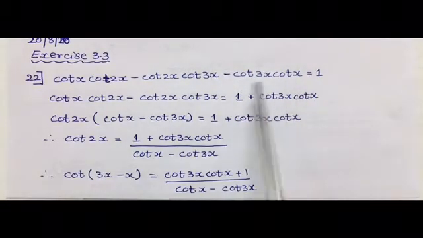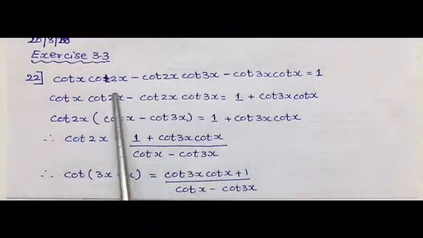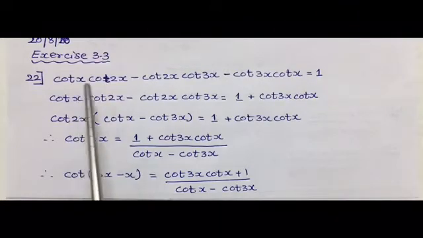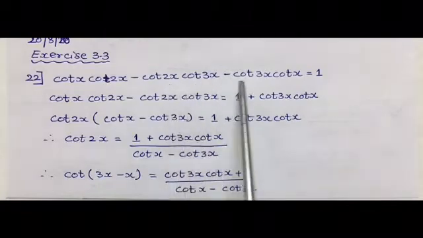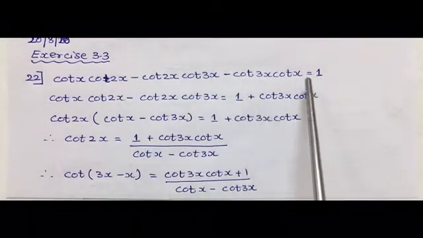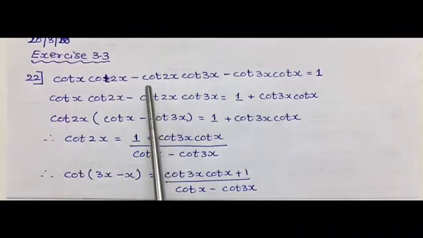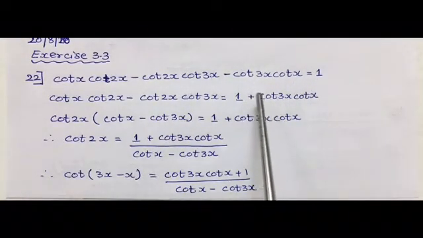Now if you look at each of these combinations, you will find that almost all the angles are being combined with each other alternately. Now we will be using both LHS and RHS to prove the result.